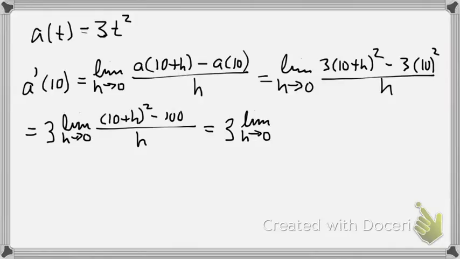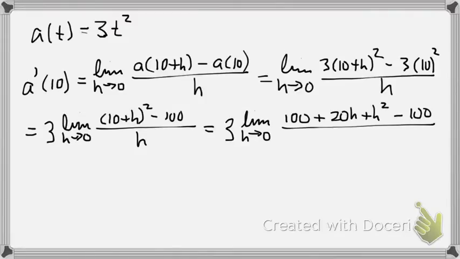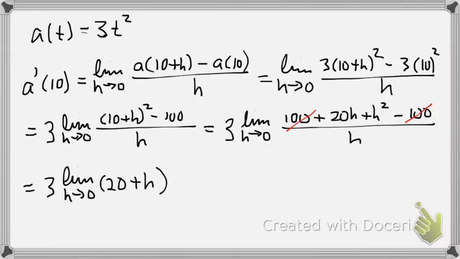I'm assuming you guys can do a square. 100 plus 20h plus h squared, and then we still carry over the minus 100 over h. We've already seen the difference quotient, so this doesn't shock us. The hundreds cancel. Everything that's left has an h in it, which we can therefore reduce. So I'm going to have 3 times the limit as h approaches 0, and that's going to be 20 plus h, and that's it.